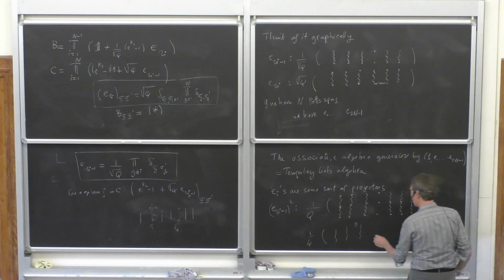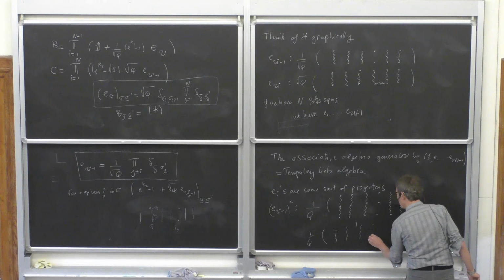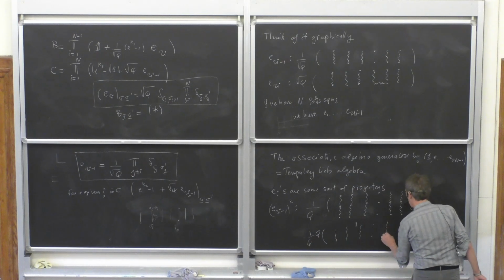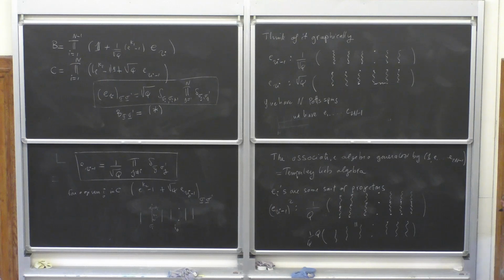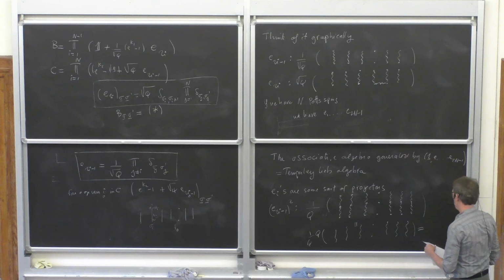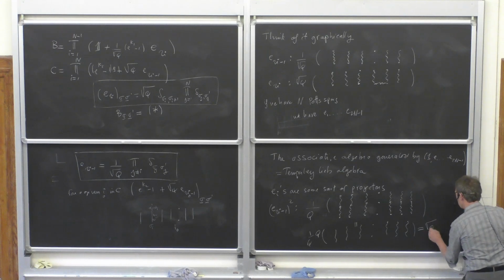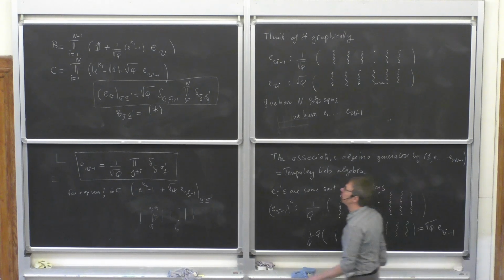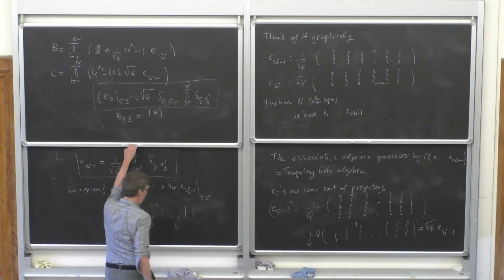So this is the same as this up to a factor Q, again because the spin in between can be anything I want. So that's therefore 1 times this diagram, which is square root of Q E2I minus 1. So E2I minus 1 squared is equal to square root of Q E2I minus 1.